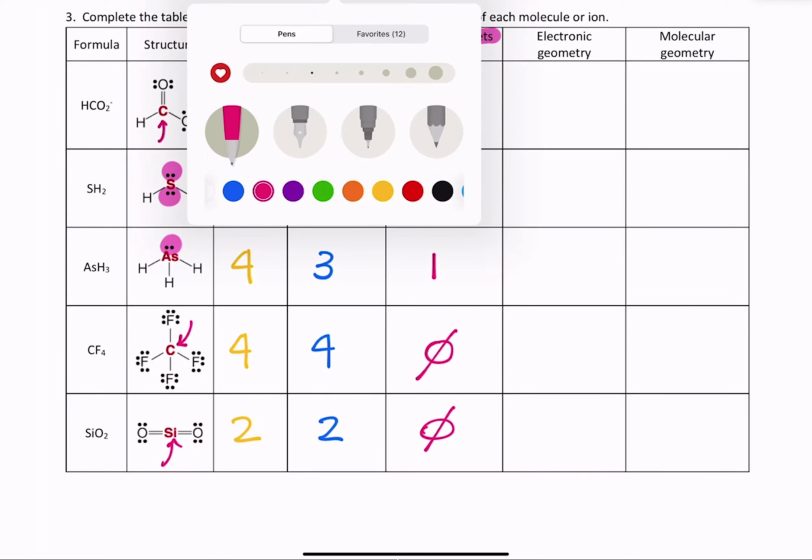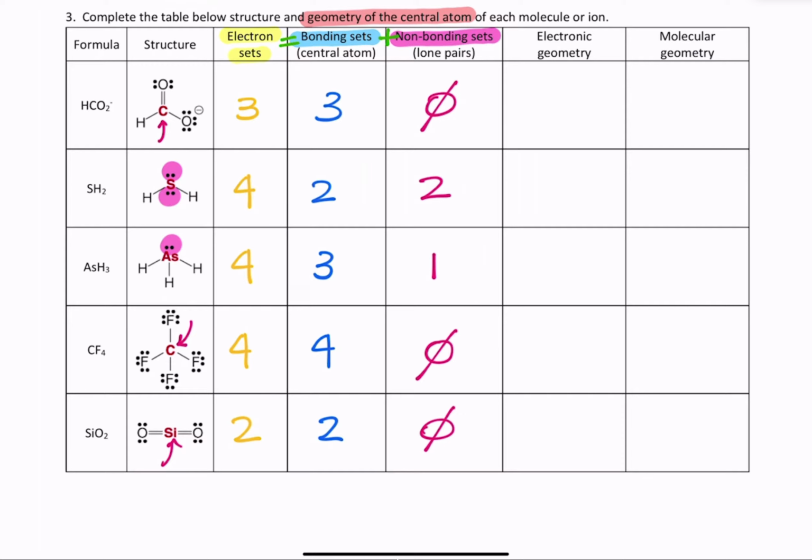Always check that when I add the number of bonding sets to the number of non-bonding, I get the number of electron sets, which means you did a good job.